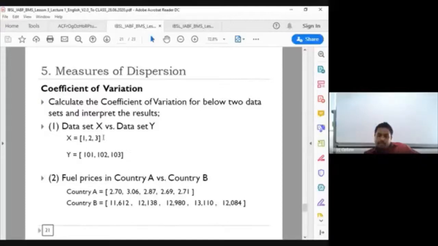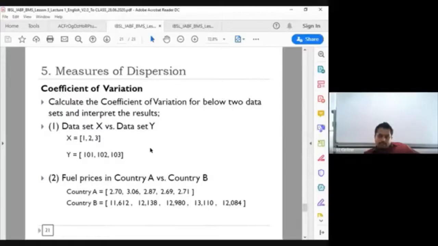However, if you look at the data set, the standard deviation of X shows that the entire range has been covered by one standard deviation. However, if you look at Y, we are looking at a minor deviation from 101, 102 to 103. Here, from 2 to 3.